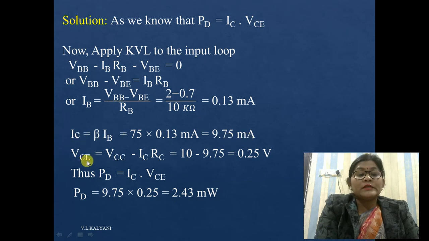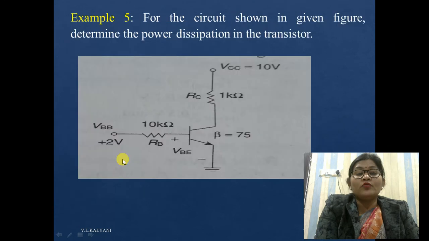Now next, calculate the VCE. So how to calculate the VCE? Again you have to apply the KVL, and the equation will become VCE is equal to VCC minus IC into RC in this path.